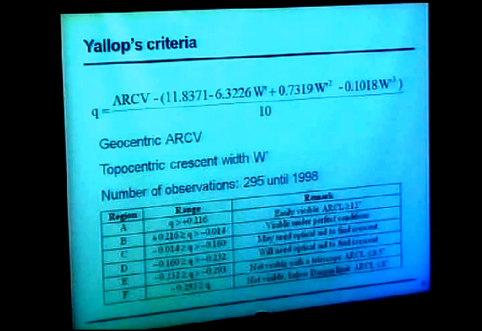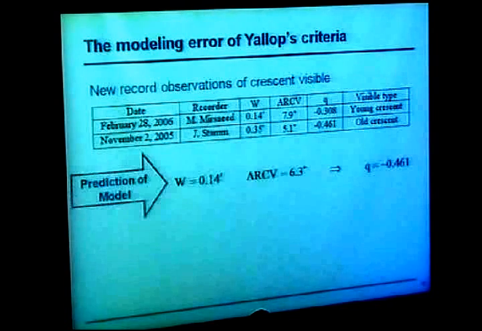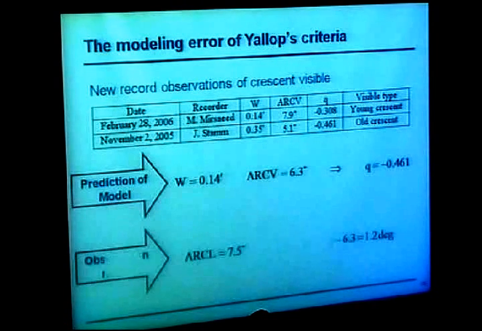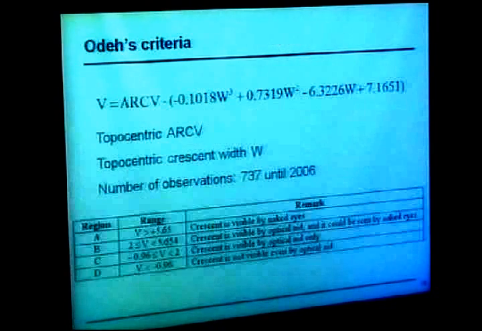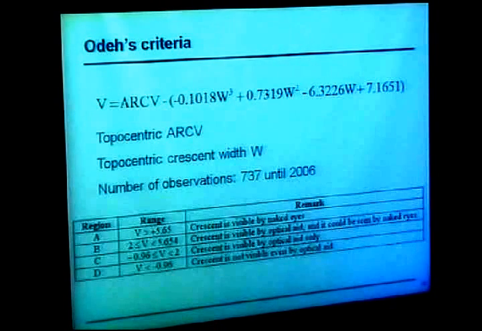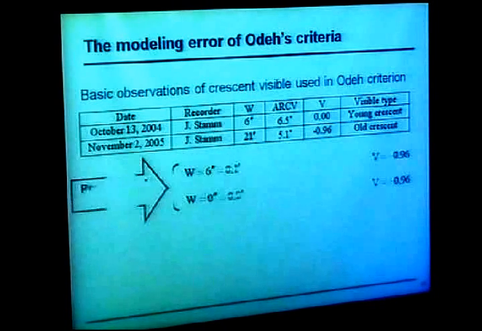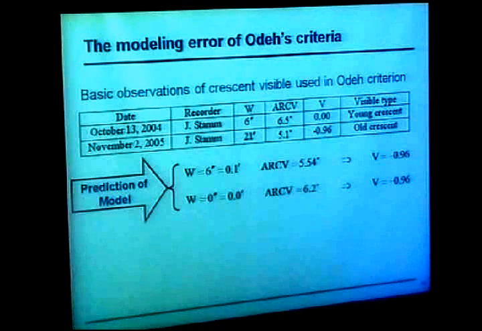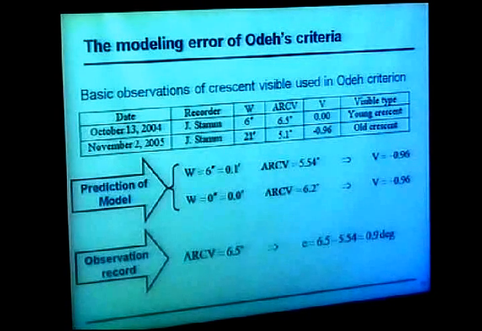We show the modeling error in Yallop's criteria, that you know. The error is 1.2 degrees, and we obtain the modeling error in Ode's criteria, with the result from 2 records of James Stem, shown in these pictures.